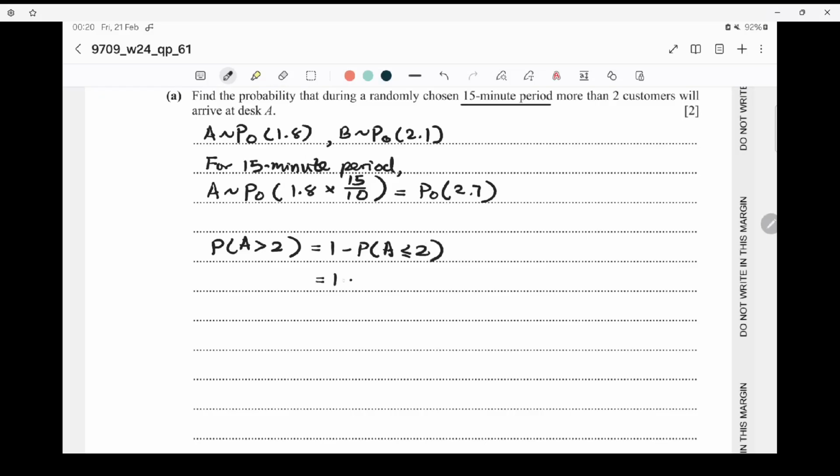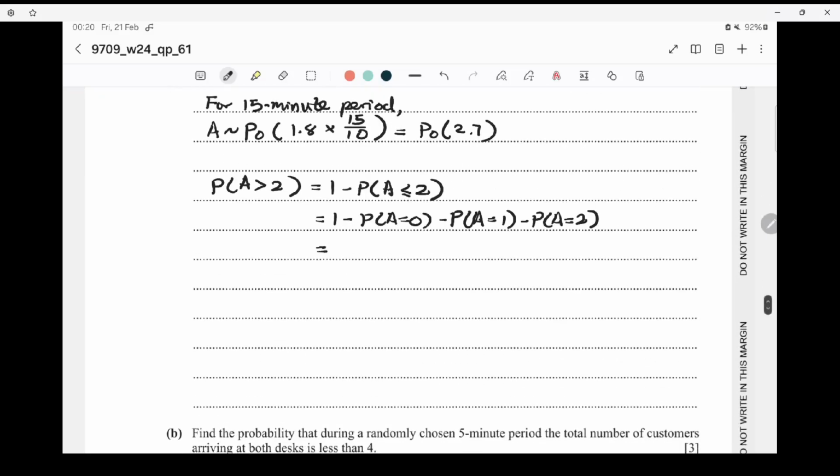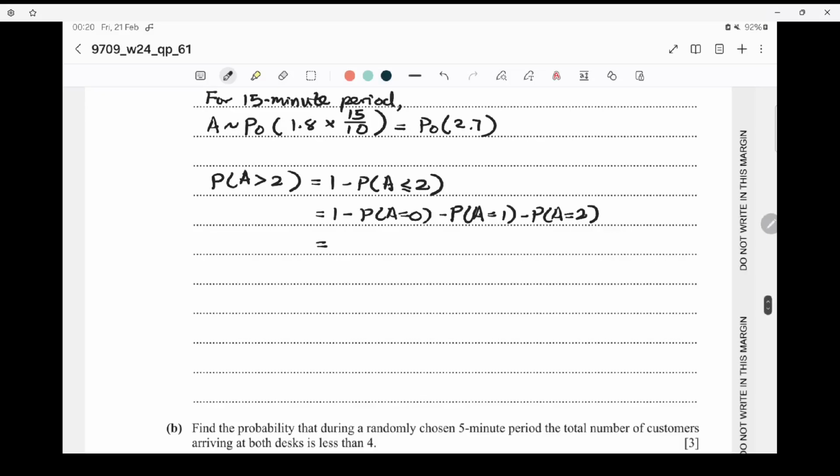So you break it down. Once you break it down, in the end you can use the formula.